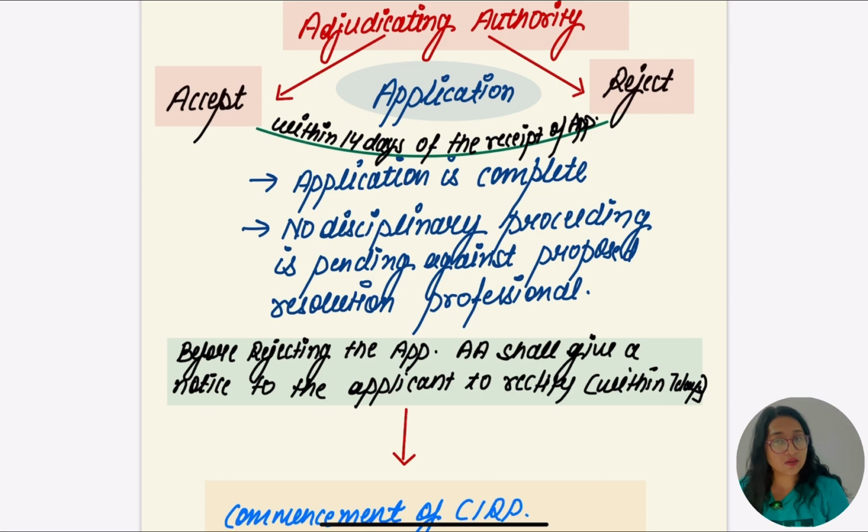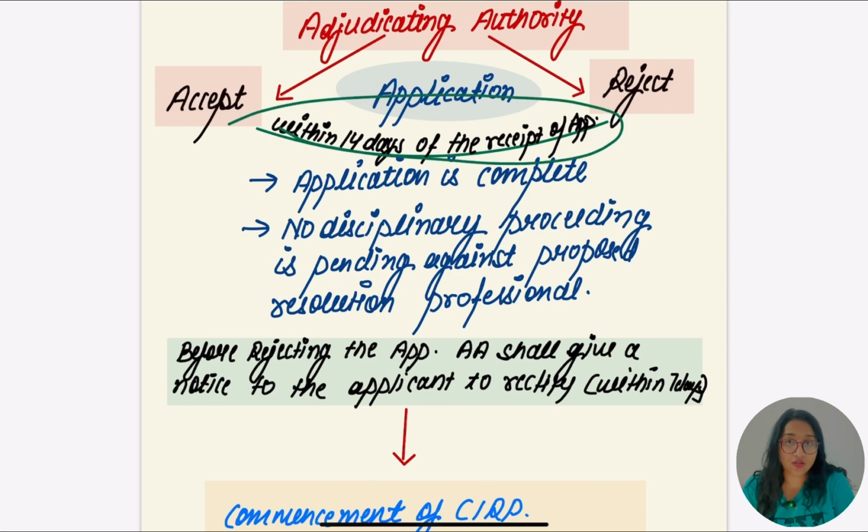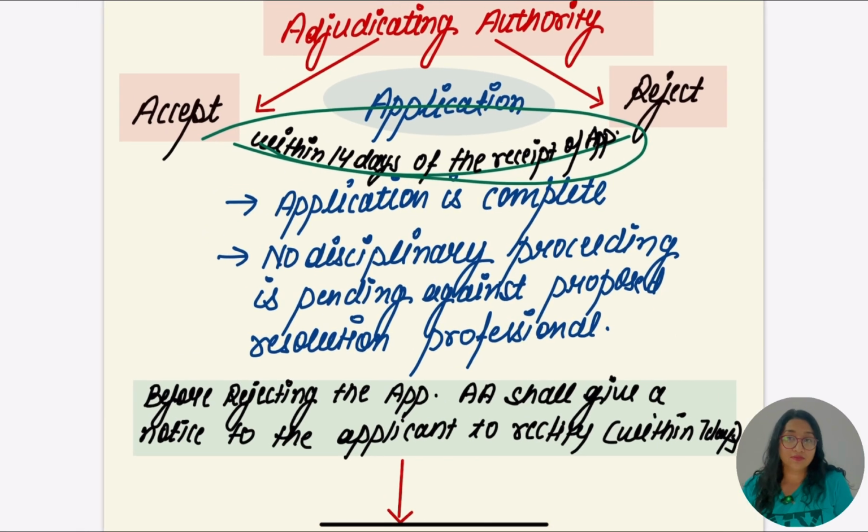Once this is done, what is going to happen? The adjudicating authority is either going to accept that application or reject it. Same process, right? But within how many days? Within 14 days of the receipt of the application. This is again a similar thing for us. If the application is complete, the adjudicating authority is going to accept it, but if the application is not complete, in that case the adjudicating authority is going to reject it. Similar, no?